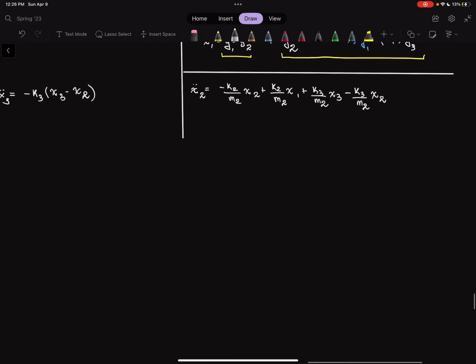So now we can group them together, and we can say that that's equal to minus k2 minus k3 over m2 times x2 plus k2 plus k3 over m2 times x3.